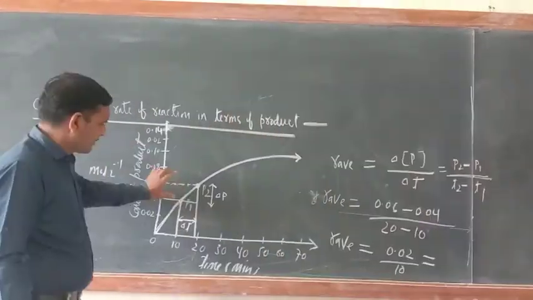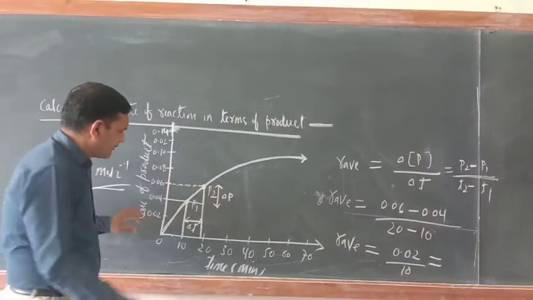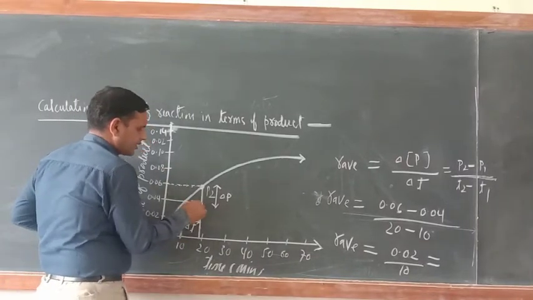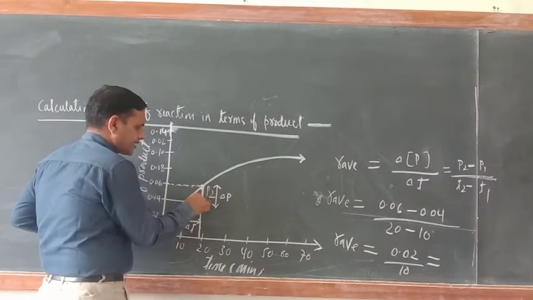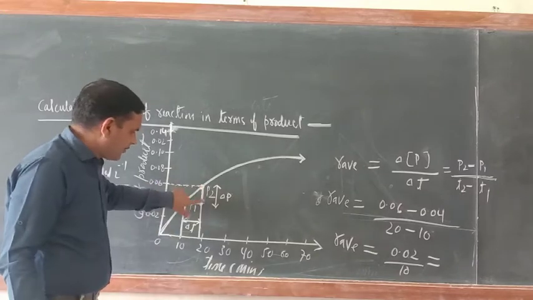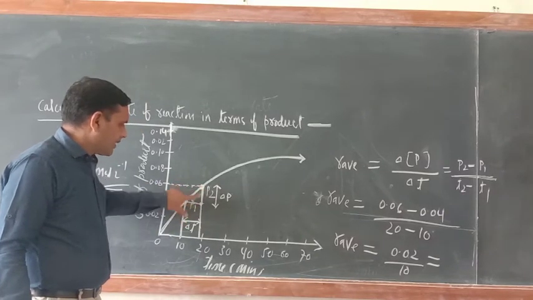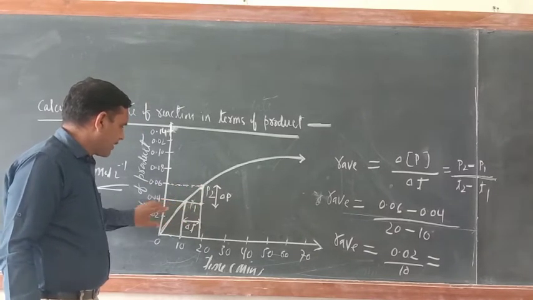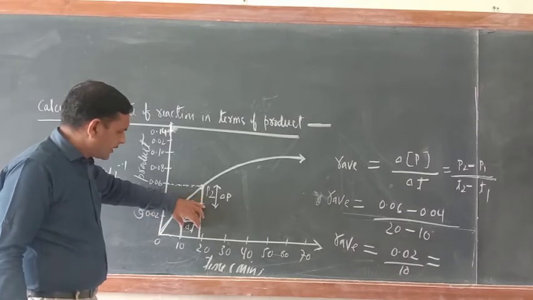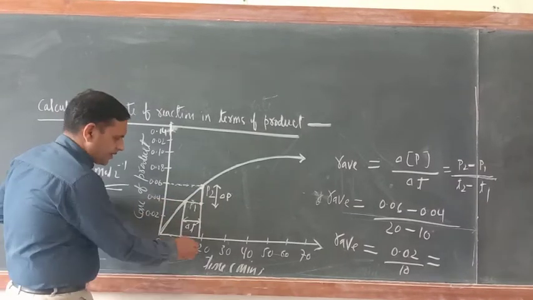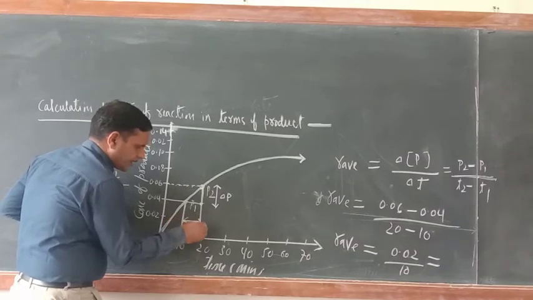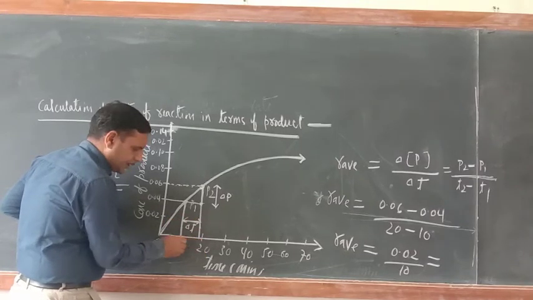So now the concentration difference is that much. Here P2, here P1, so P2 minus P1, delta P, the difference in two concentrations. And this is delta T, the difference between two times. The final time is 20, the initial time is 10.